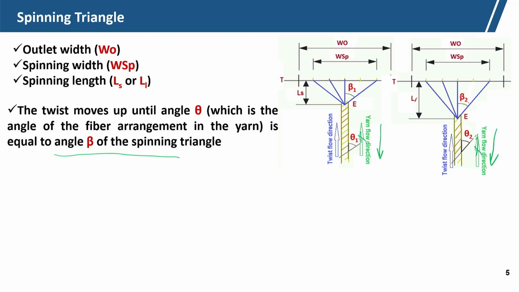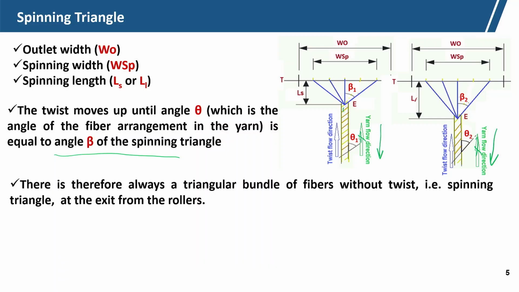So, that is the requirement. If we increase the twist angle, then beta will also increase and it will go a little bit closer to the nip point. So, the twist angle theta and beta should be equal.